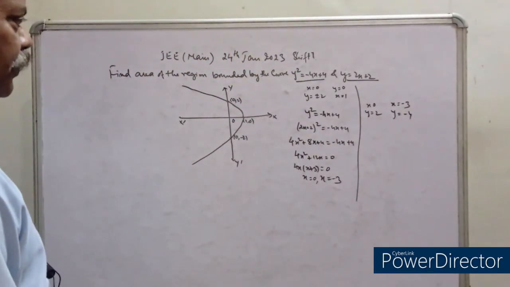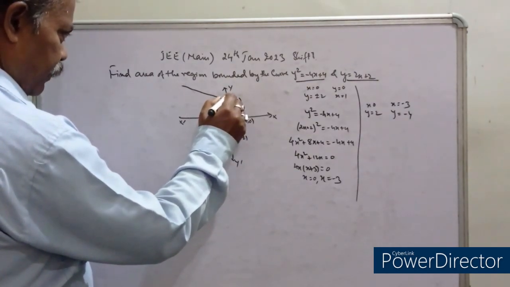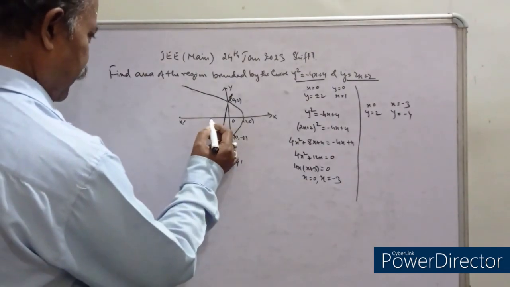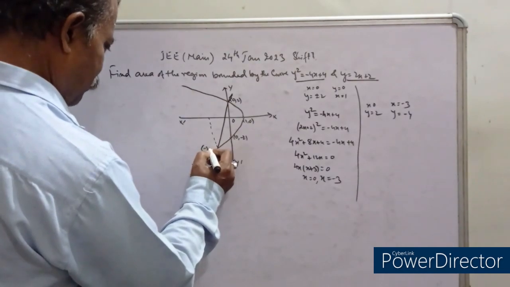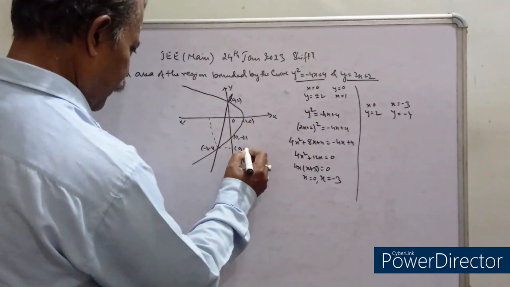So the graph of this equation will be somewhat like this. So here you see that this point is minus 3 comma minus 4. So this will be 0 comma minus 4.